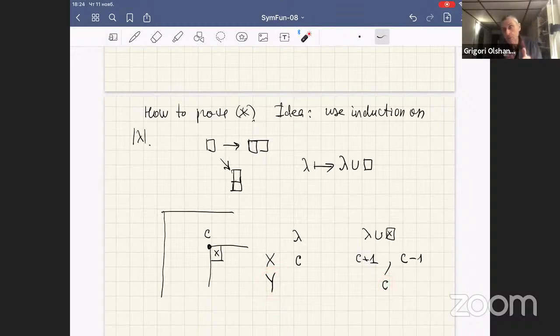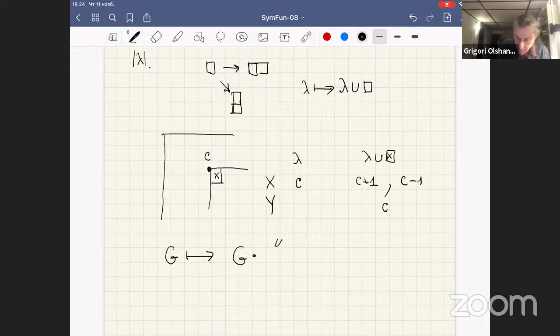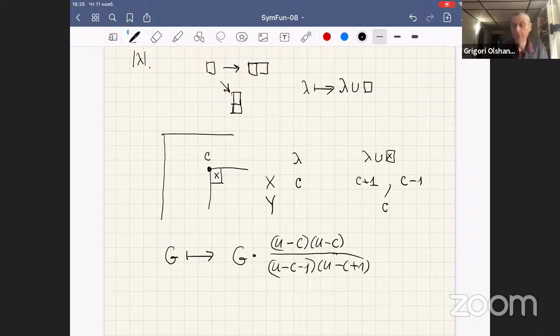And it's easy to understand what happens. In this case, the rearrangement is as follows. This function is multiplied by this expression, with modification.